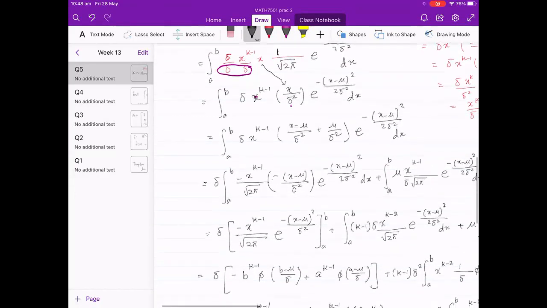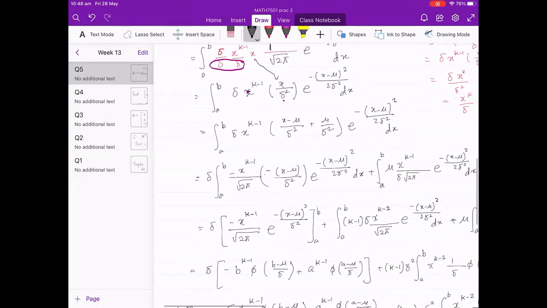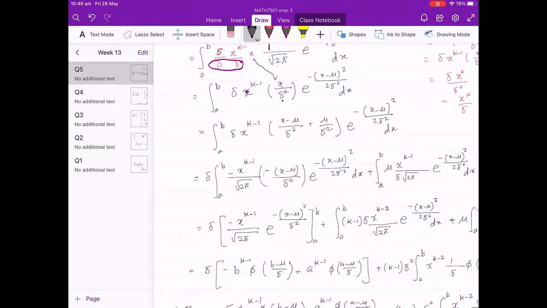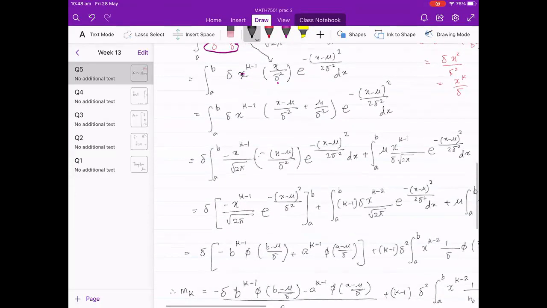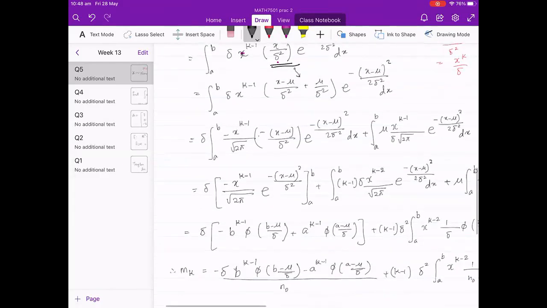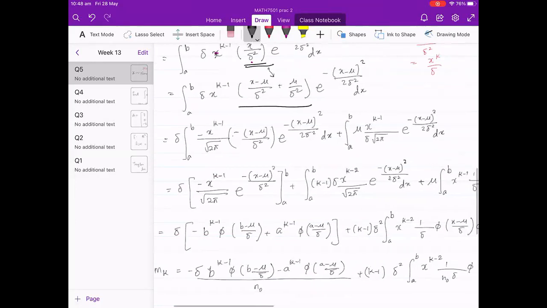And the whole idea behind splitting this is to be able to write down something in terms of the standard normal, okay? Splitting this, that part, and removing the bracket, I got these two integrals.